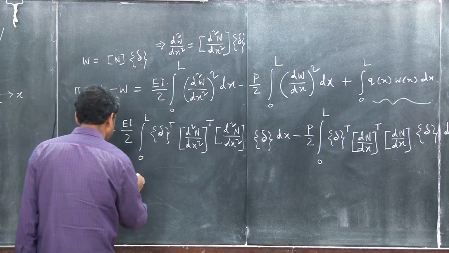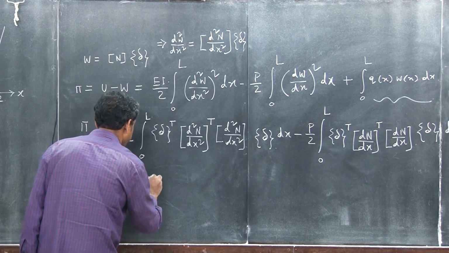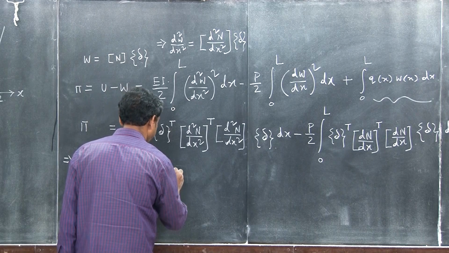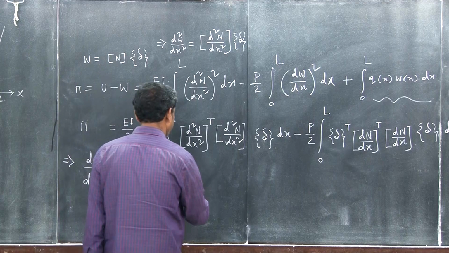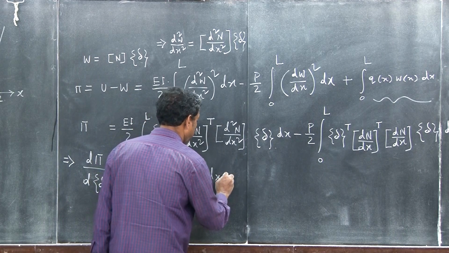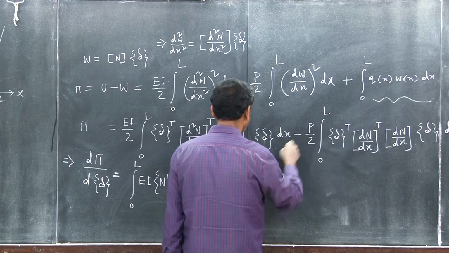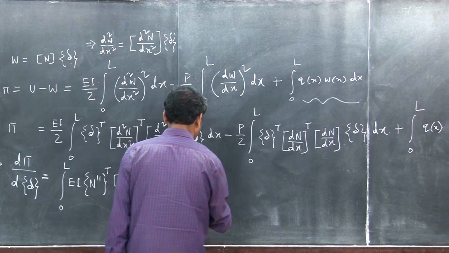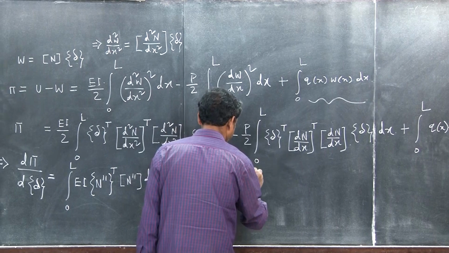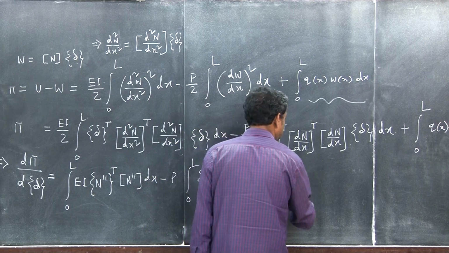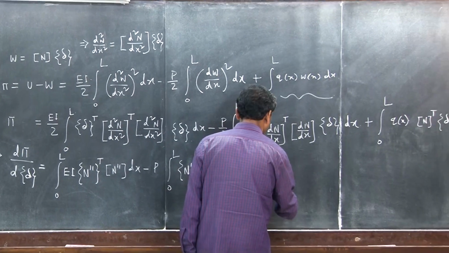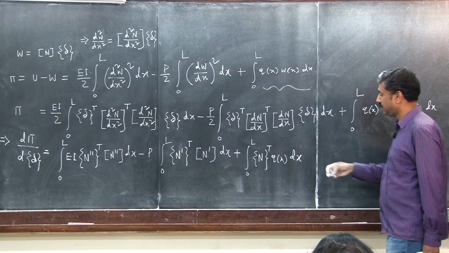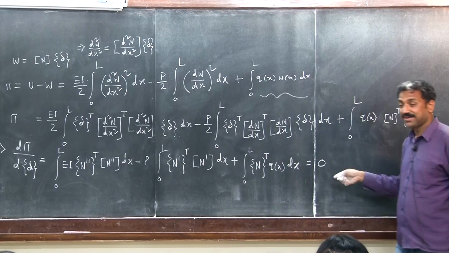So it will be 2 delta, 2 will be cancelled out, integration 0 to L EI, and here I am going to write this one because this is a row vector, N double dot and spatial derivative I am taking double dot, N double dot dx minus, here also 2 will cancel out, P integration 0 to L, this equal to 0, energy minimization. Okay.